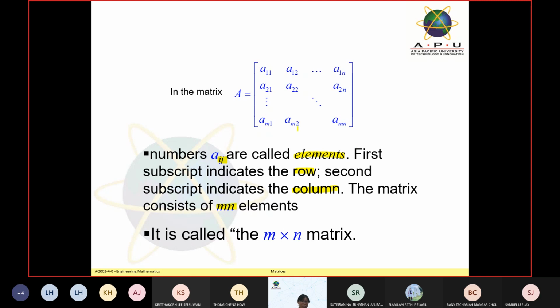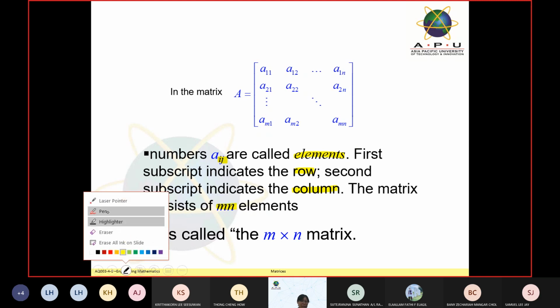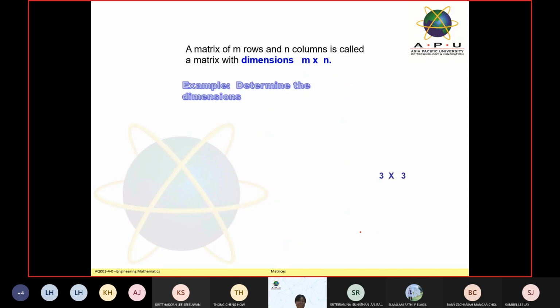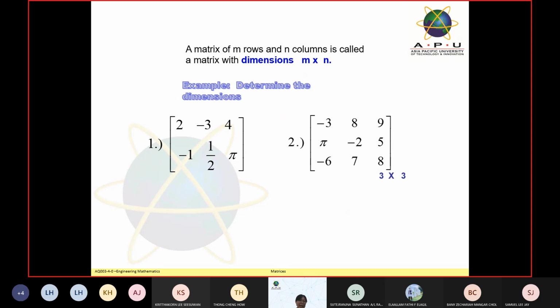If we have m rows and n columns, then the size or order of the matrix is indicated by m by n. The m refers to the rows and the n refers to the columns. That means the matrix consists of m rows and n columns. There are many names for it: order, size, and we also call it the dimension.